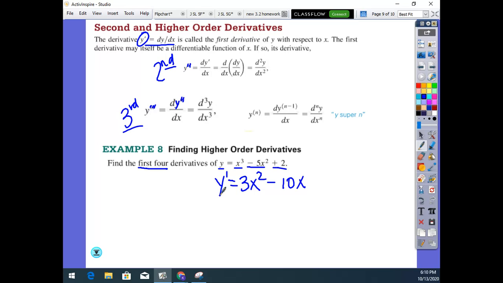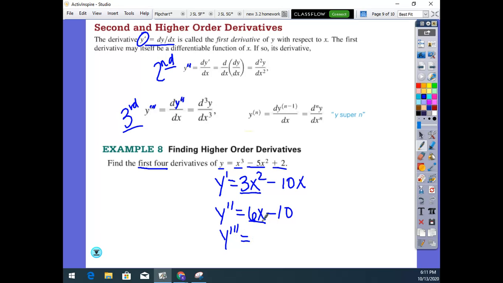Now I take the derivative of the derivative, which is the second derivative. The derivative of 3x squared, bring the exponent times 3, is 6x to the first, minus 10. So remember, everything's 1 degree less as we go down. Now I do the third derivative.